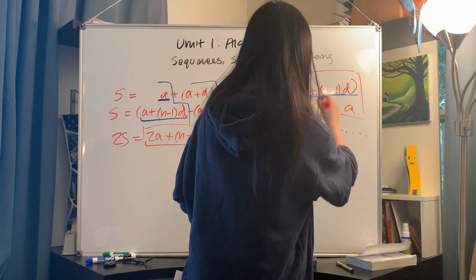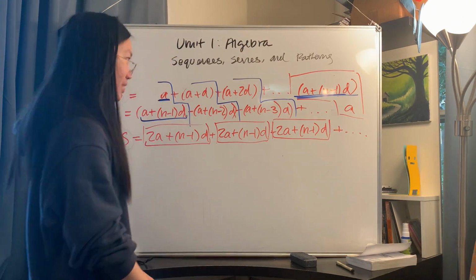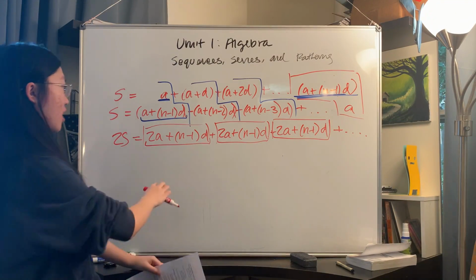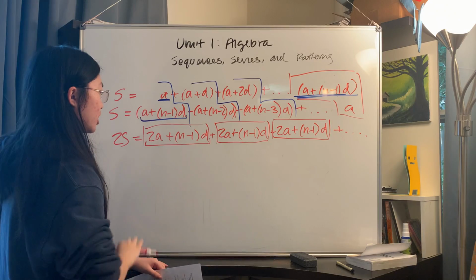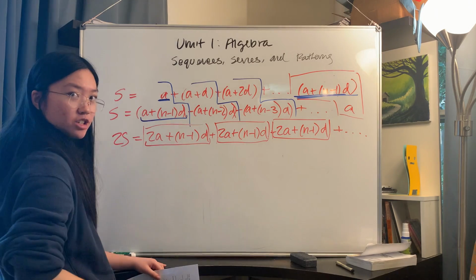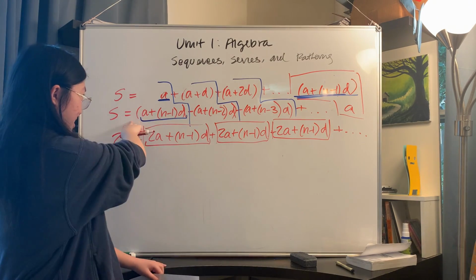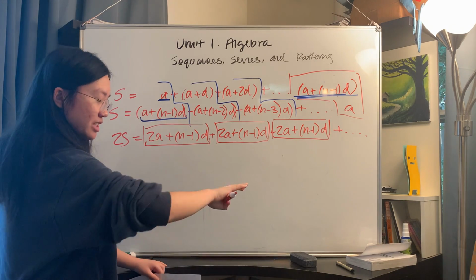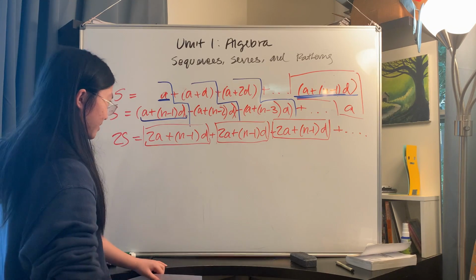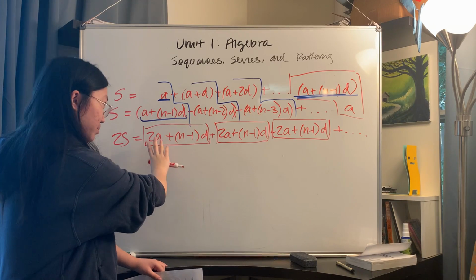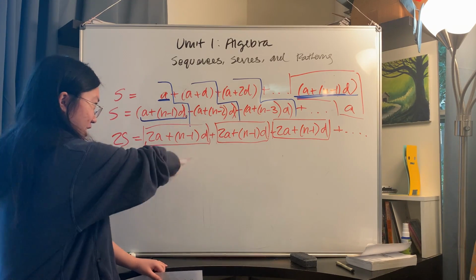And this is also going to be 2a plus (n minus 1)d. So the question is, how many of these are there? Well, in this series, there are n terms, right? And in this series, we also have n terms. So if we add these terms together, we will have n of these repeating blocks in this equation.